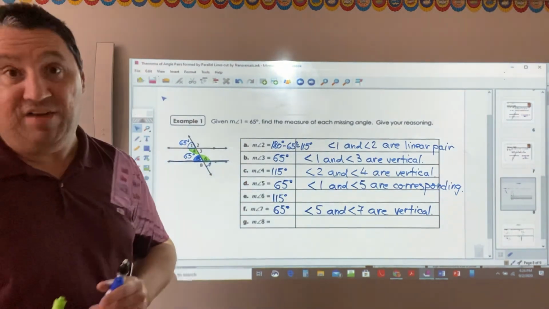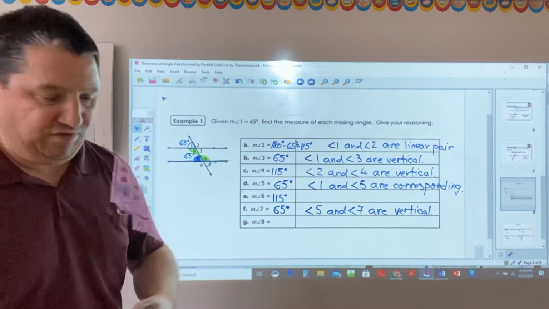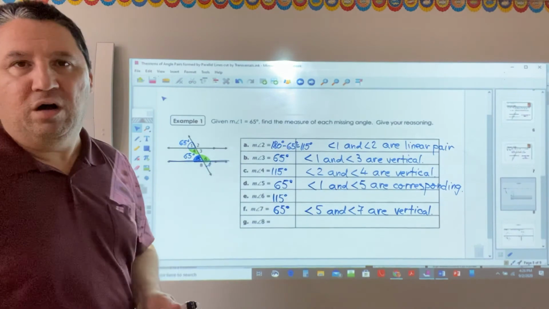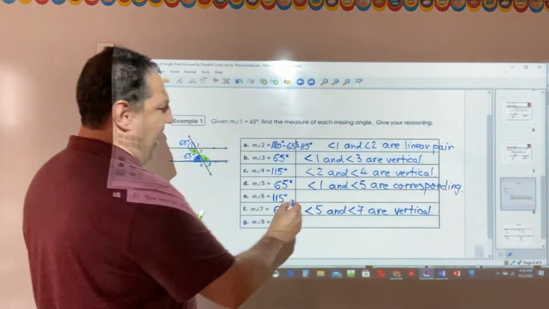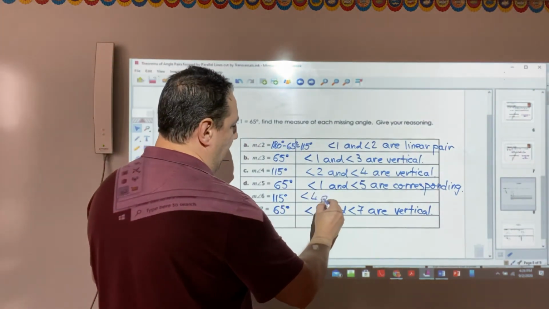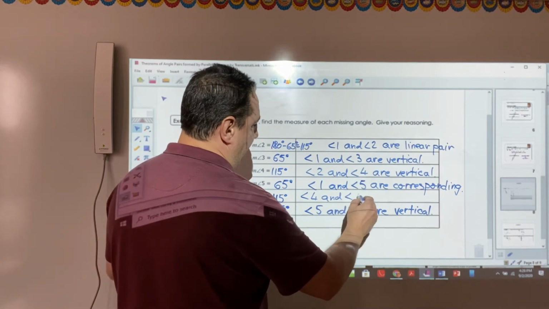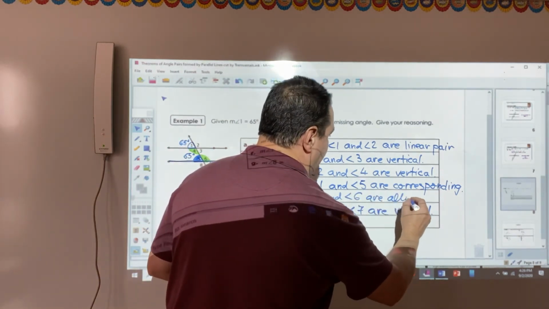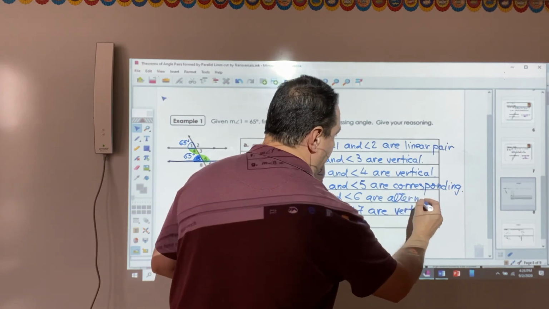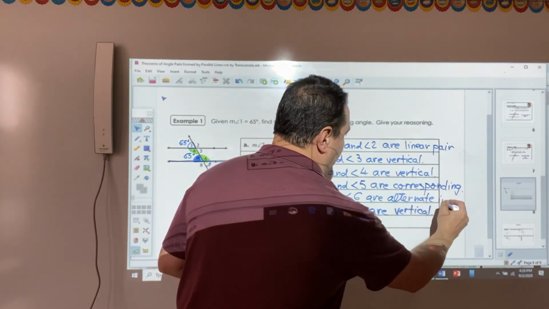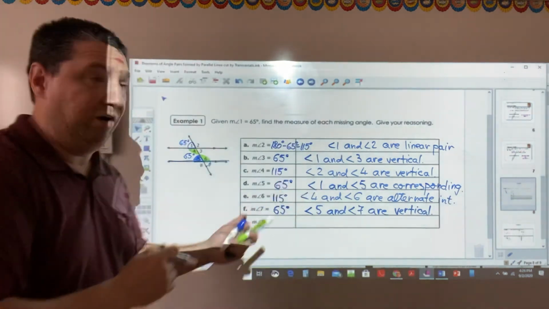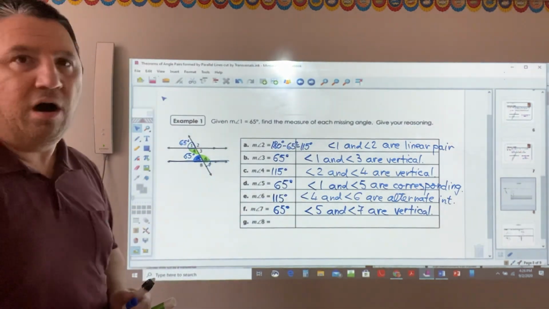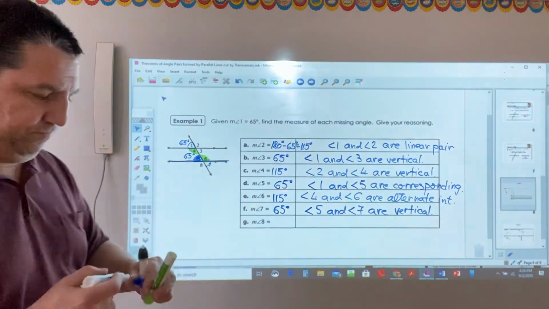That's why the measure of angle 6 is 115. So, we can choose what you prefer. Let's say angles 4 and 6 are alternate interior. Or if you prefer, you can say because angles 5 and 6 are a linear pair.